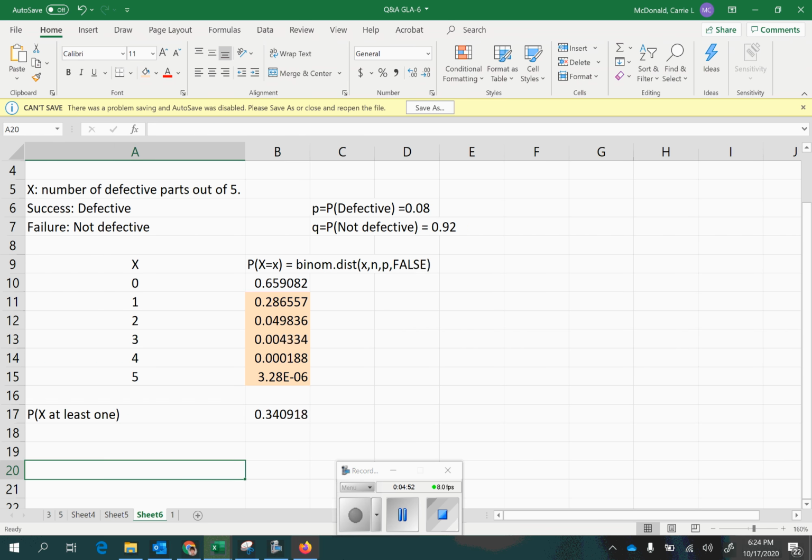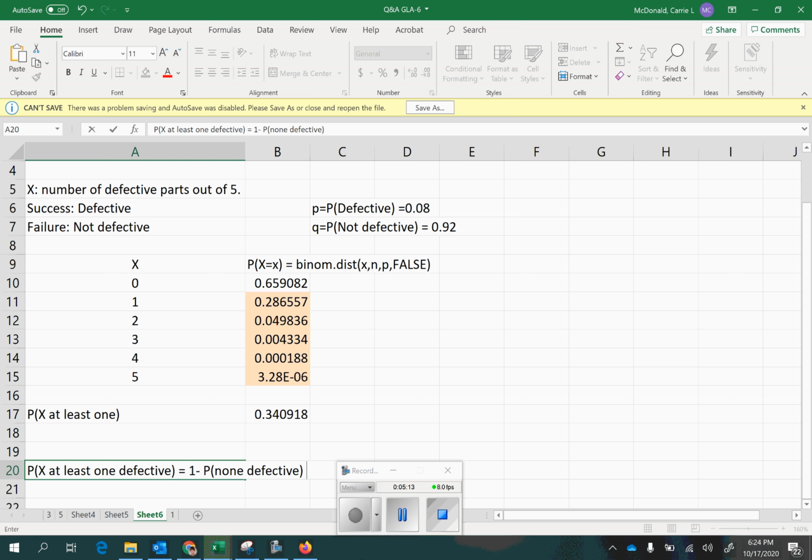However, I could have just done this. I could have just said, well, the probability that x is at least 1 defective, right? The probability of that happening is 1 minus the probability of getting none defective.